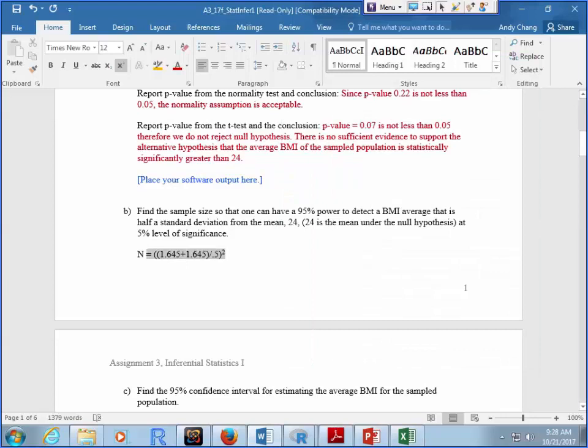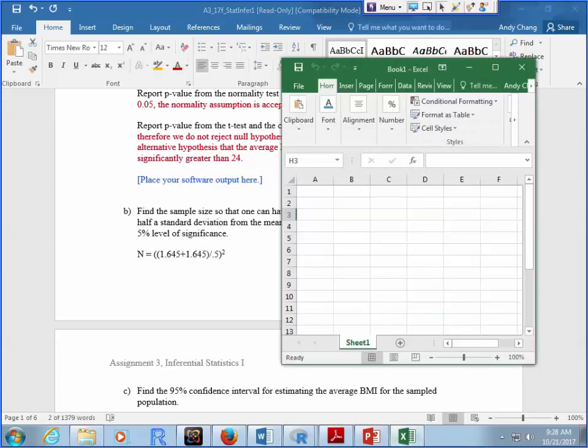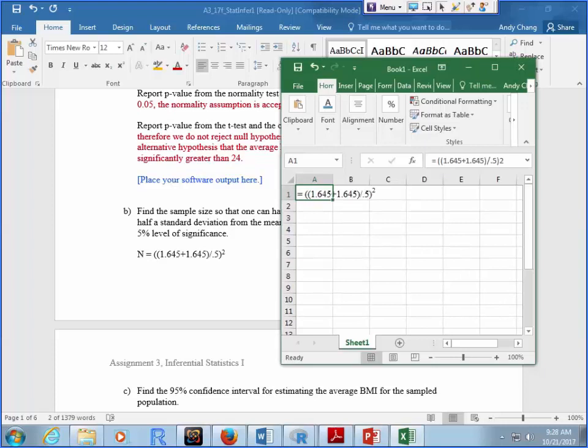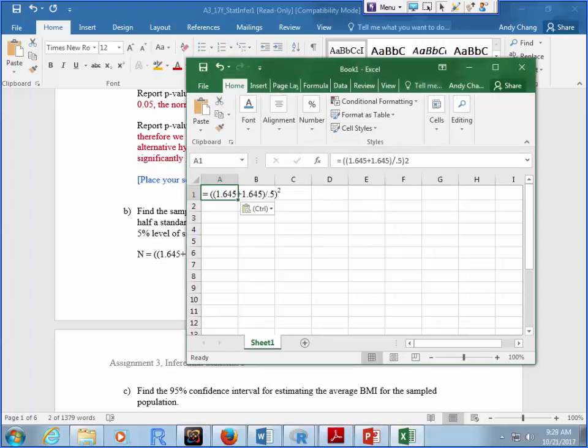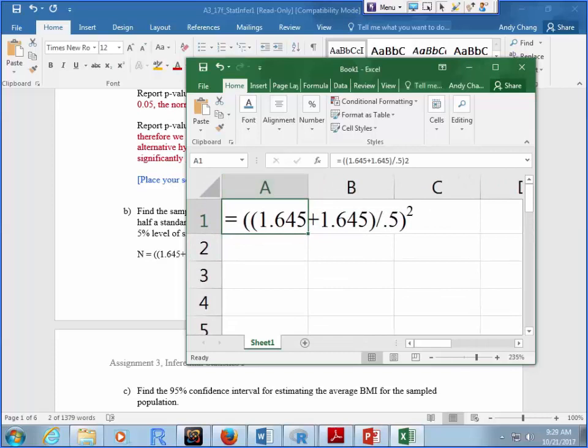Anyway, for this one, I can just copy this, paste it into Excel. Okay, I'm going to make it a little bit larger. Remember when you use Excel to do some calculation, you want to start with an equal sign.